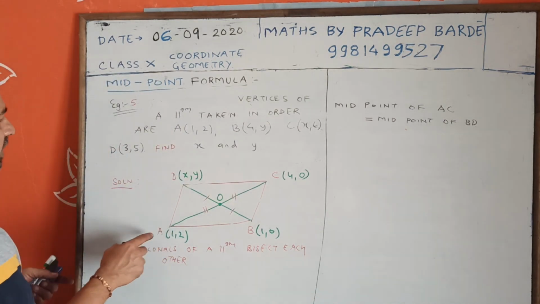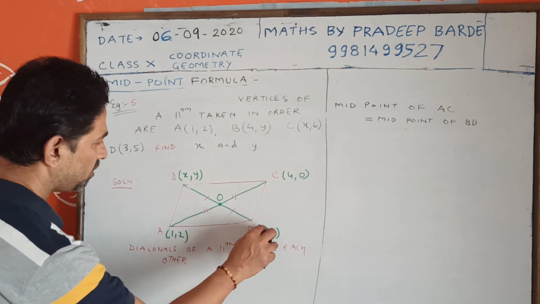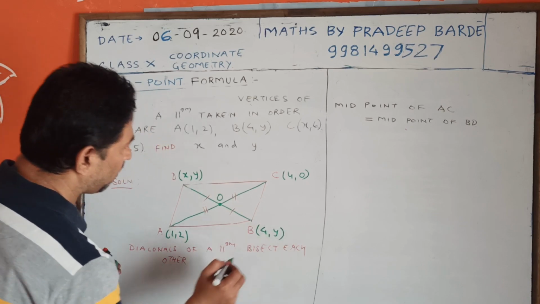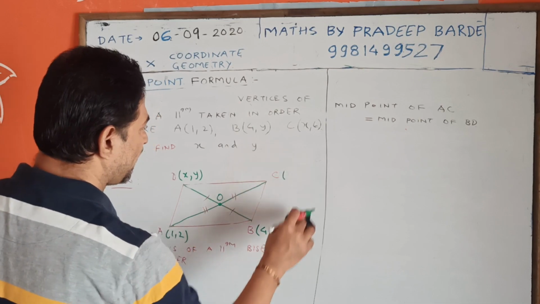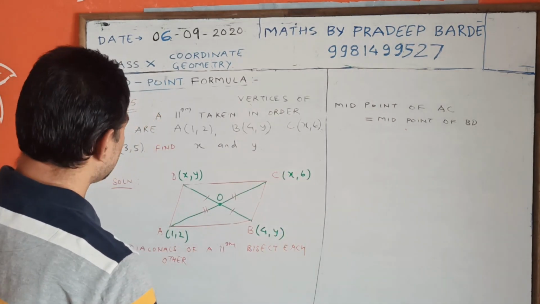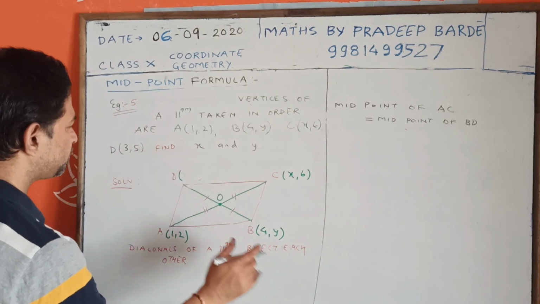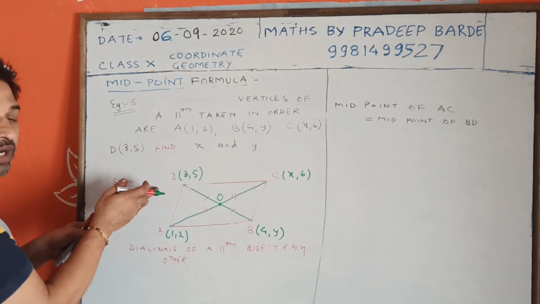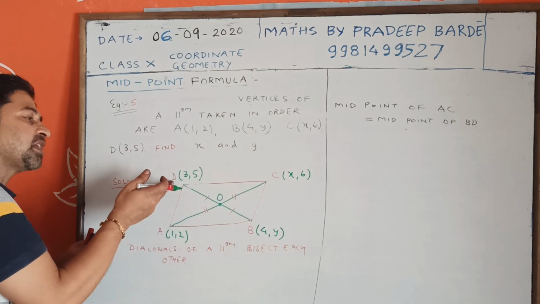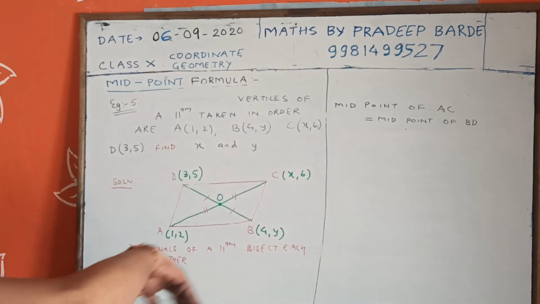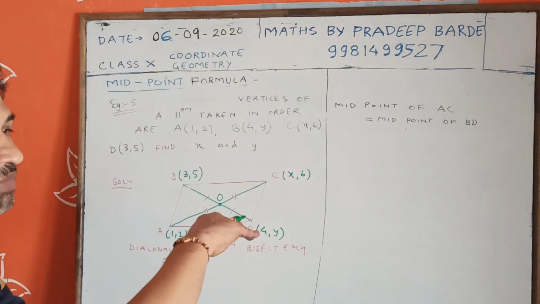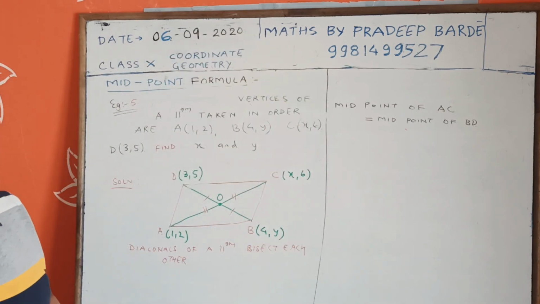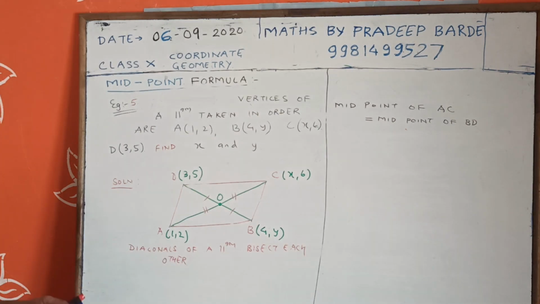Vertices of a parallelogram taken in order are A (1, 2), B (4, y), C (x, 6), D (3, 5). टेकन इन ऑर्डर लिखा है बच्चों, इसका मतलब ए बी सी डी होगा। ऐसा नहीं कि आपने ए बी यहां लिख दिया, तीसरा कोऑर्डिनेट सी यहां लिखा और डी यहां लिखा। लेबलिंग इज ऑलवेज इन द साइक्लिक ऑर्डर। हमें हमेशा साइक्लिक ऑर्डर में चलना है, चाहे आप एंटी क्लॉकवाइज या क्लॉकवाइज चलिए, दैट डिपेंड्स ऑन यू। But the thing is, you have to write it in the cyclic order only.